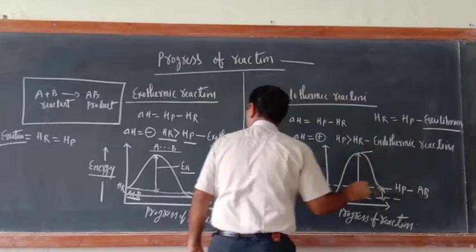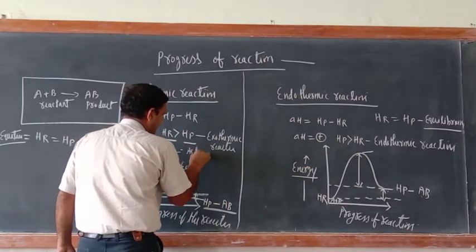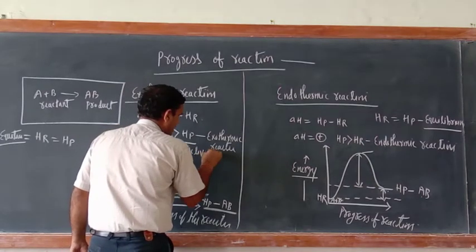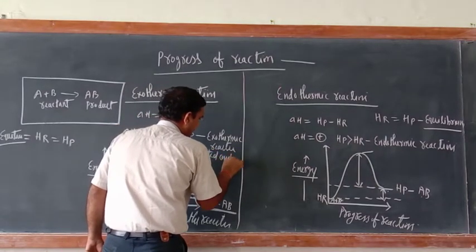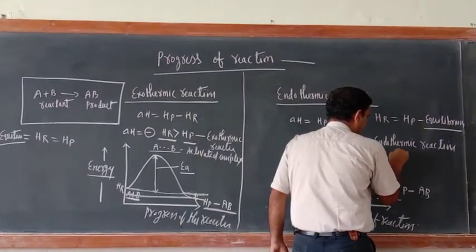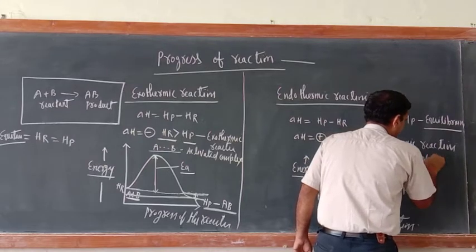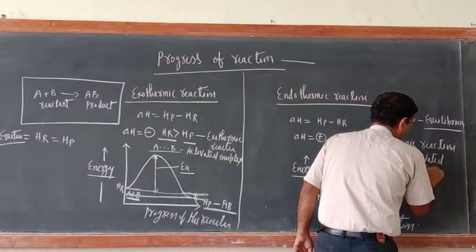Here also you can write, this is the activated complex. Here also A dotted line B, that is the activated complex.